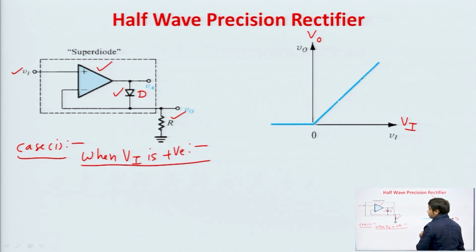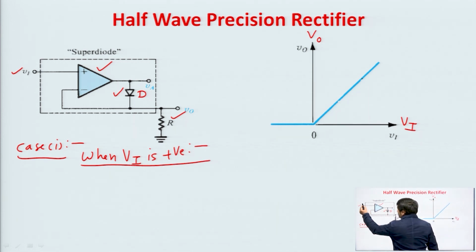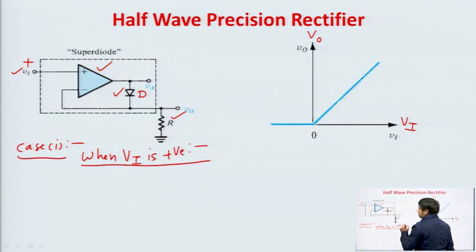Now, you can see that if Vi is positive, then the output of the op amp will be positive, because the input signal Vi is applied at the non-inverting terminal. So, we will get the positive output. We are getting this plus at the output, it means that this diode D will be on.